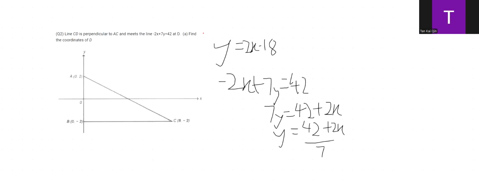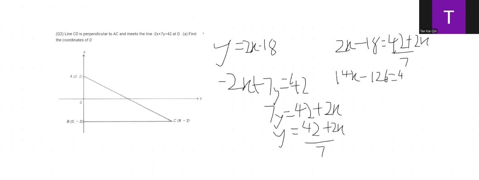So now we can equate the two y's to find the x coordinate of the point of intersection of the two lines, which is the x coordinate of D. So 2x minus 18 equals 42 plus 2x divided by 7. We can cross multiply quickly. This will become 14x minus 126 equals 42 plus 2x.